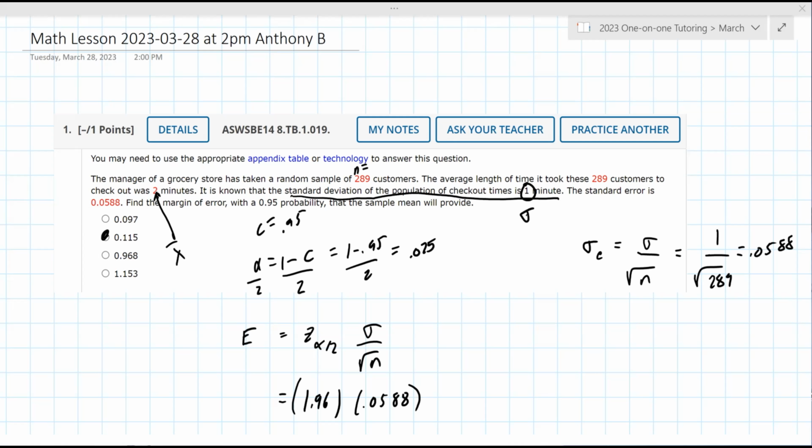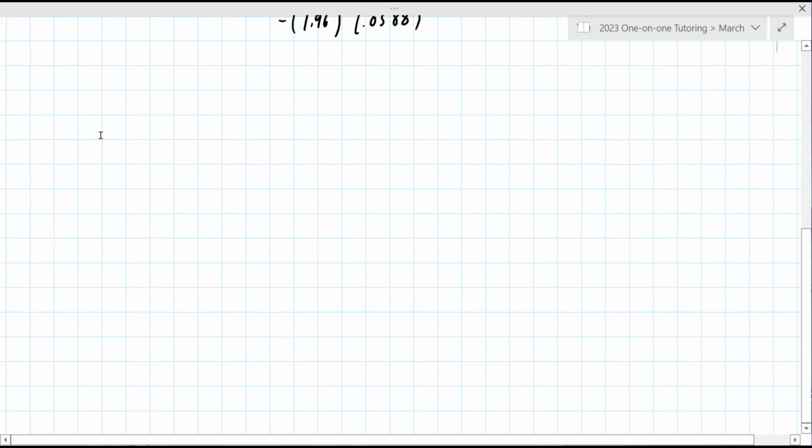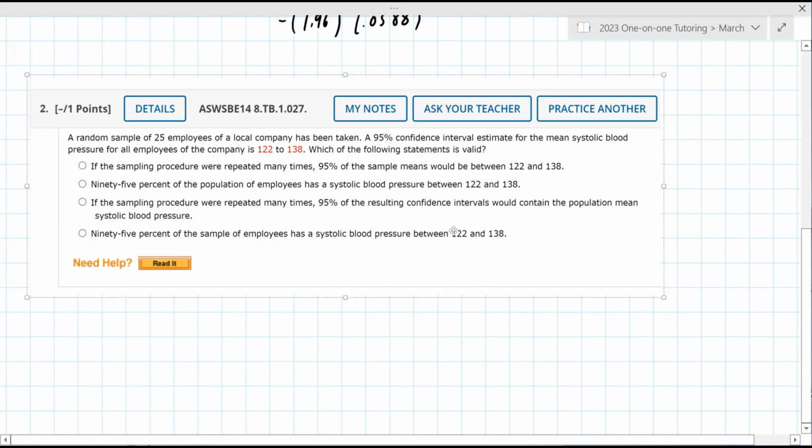Okay, let's move on to question number 2. All right, here it is. A random sample of 25 employees, that's n, at a local company has been taken.